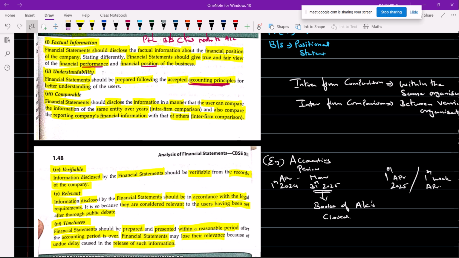Then we'll move on to the next concept. Once you're done, you can let me know so that we can move to the next concept of this particular chapter.